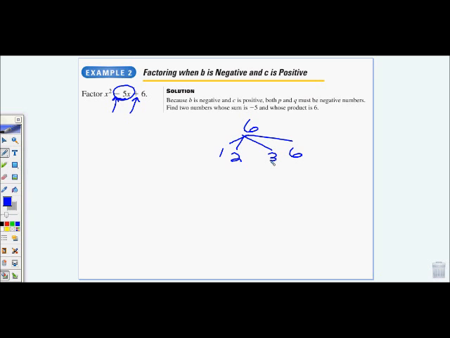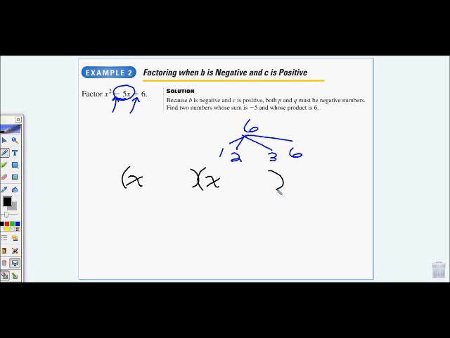Okay, so now I need to figure out the harder part, which is to find that middle one. How am I going to get the result of a sum of negative 5? To get a positive at the end, I have to have the same operational symbols.